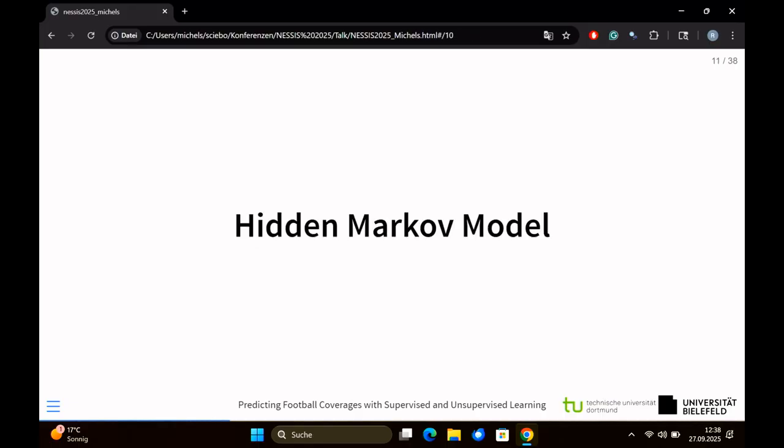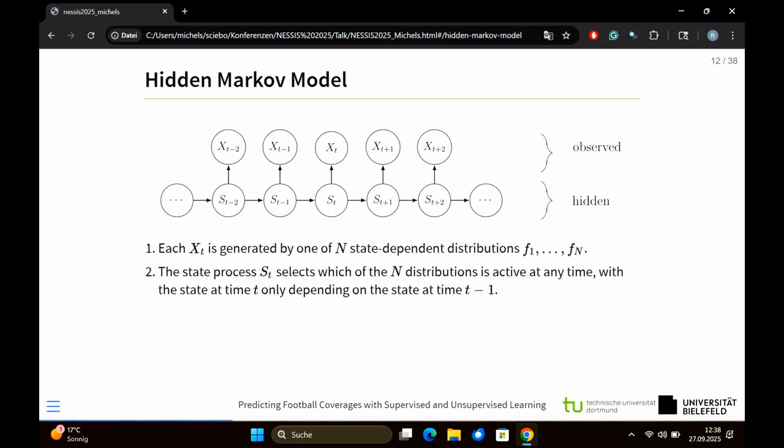Okay, with that, I now start to present the hidden Markov model, in a very general way. A hidden Markov model consists of 2 processes, one observed process here at the top, and one hidden process. They are connected in that each x_t is generated by one of N state-dependent distributions, where N is the number of states.